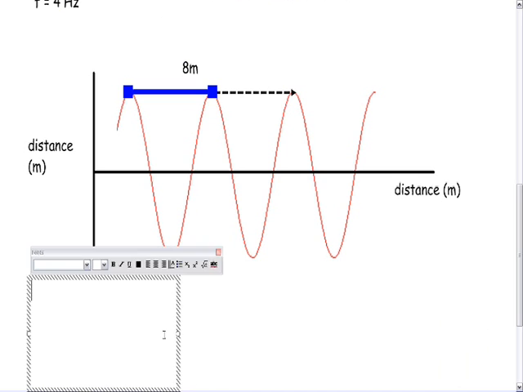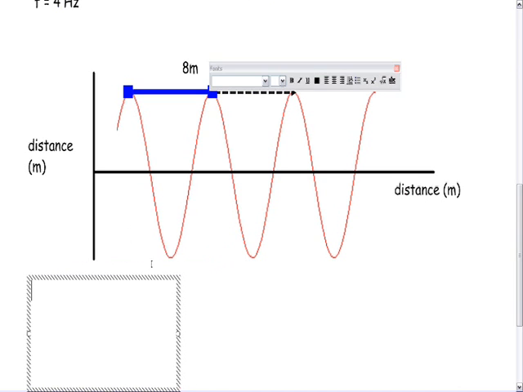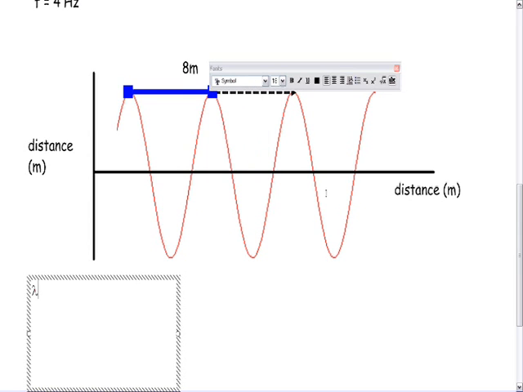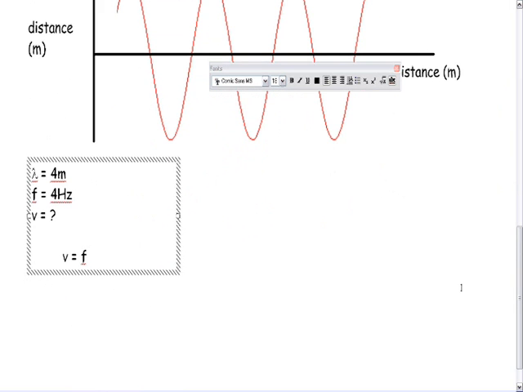So, because you're nice, intelligent people, you're going to write down at the side of the page that lambda equals 4 meters, f equals 4 hertz, and v is unknown. Our equation is v equals f lambda.